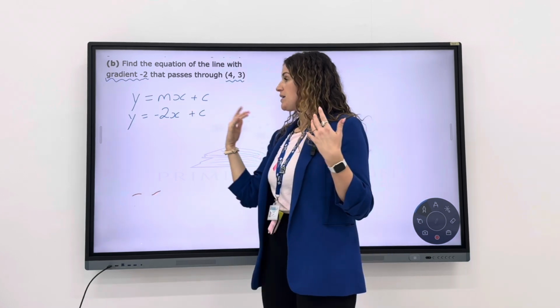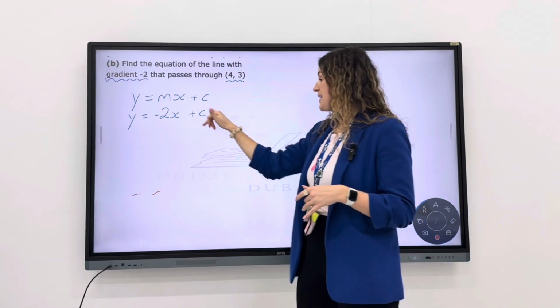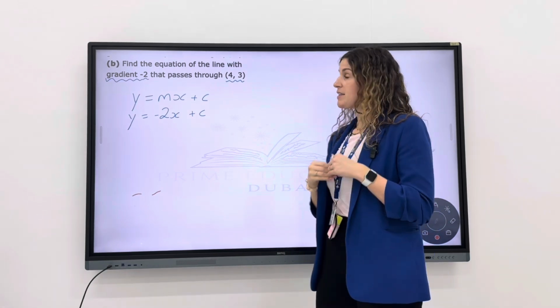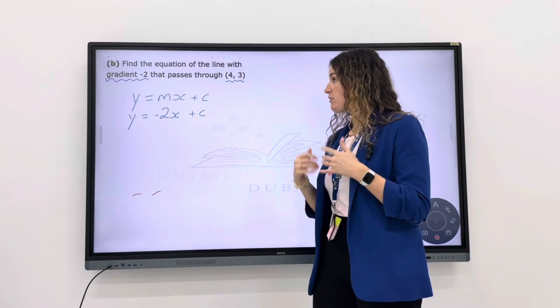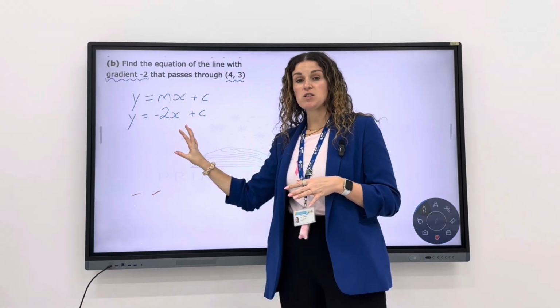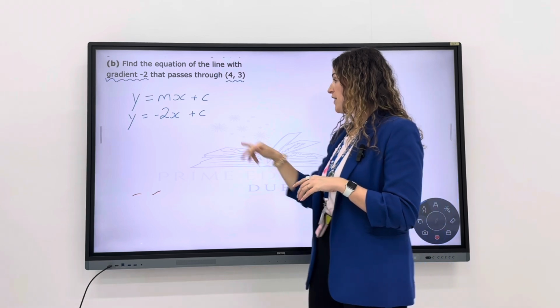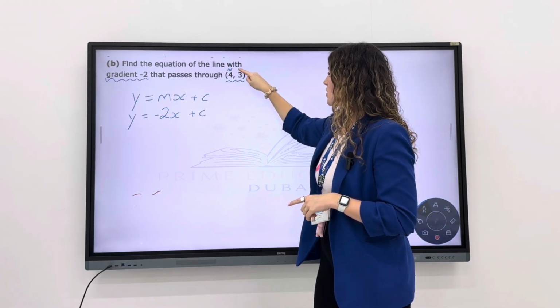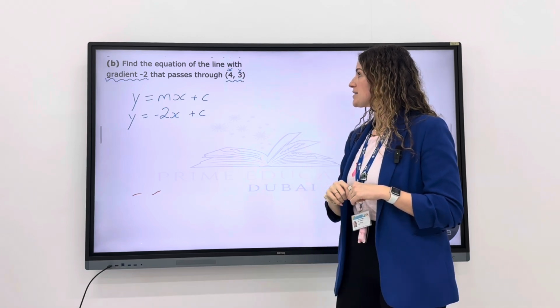Okay, I've not finished yet because I need to know my c value, or my y-intercept. The only other piece of information I'm given in the question is this point. So I'm going to substitute it in, and that will help me find my y-intercept. Remember, your x-coordinate is first, your y-coordinate is second.